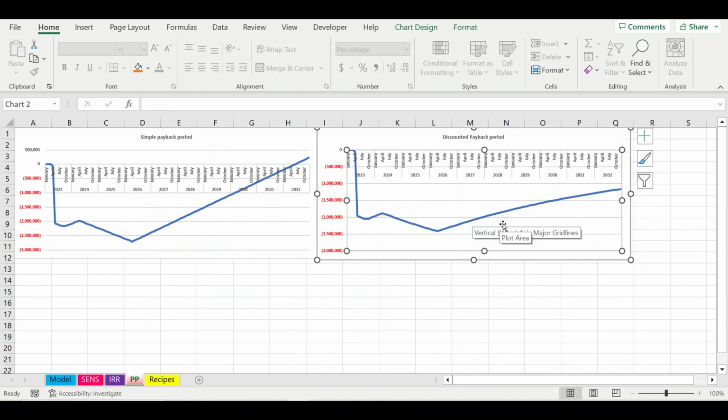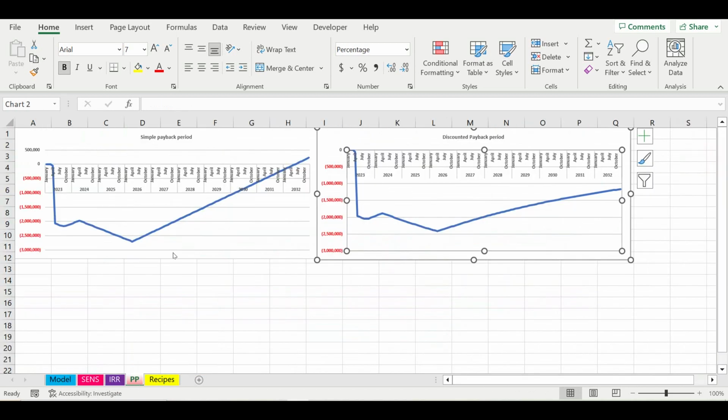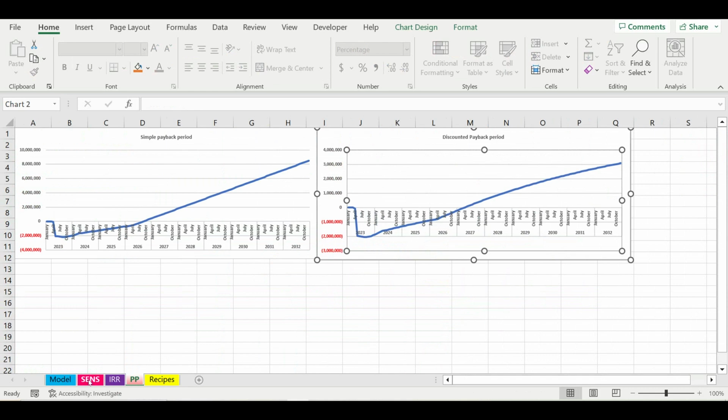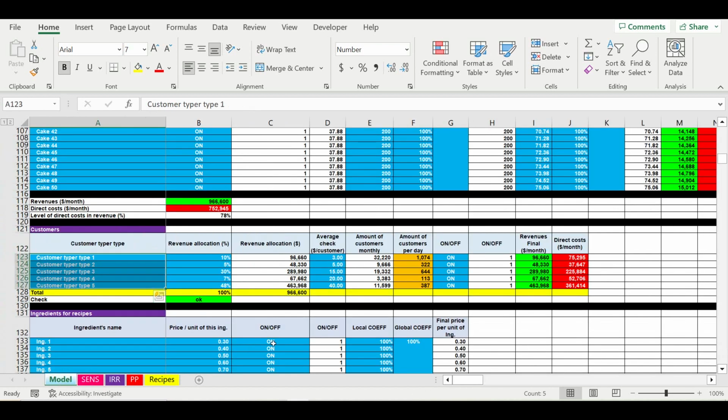Usually business owners switch on and off different types of customers, reallocate the percentage of revenues between them, and look at the simple discounted payback period diagram, the cash flow, the financial efficiency, and how much financing is needed in each case. This is a very important block of inputs.